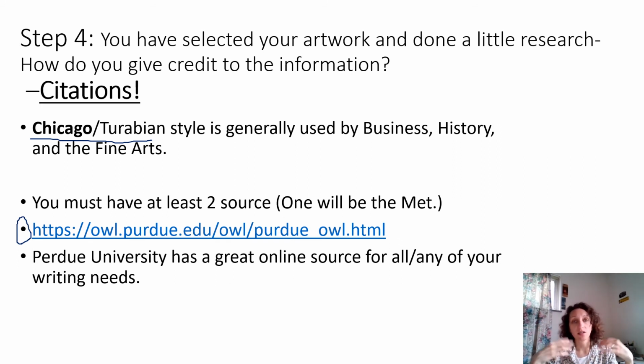Art history, business, all those kinds of things, we use Chicago style. So even though you may be familiar with AP style, use the style that's for this class. All that information can be found on that OWL website. It's an incredible website, really got me through college. So definitely utilize that.